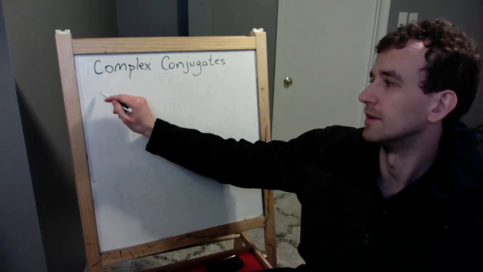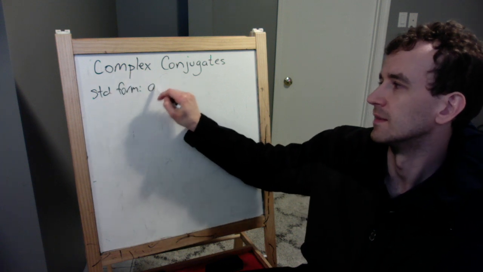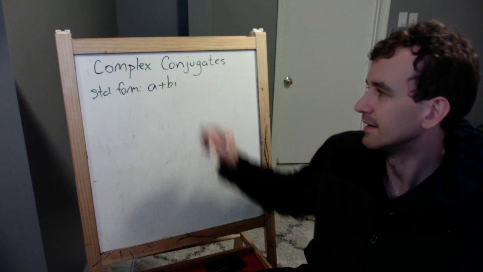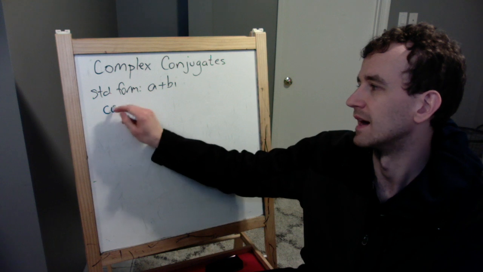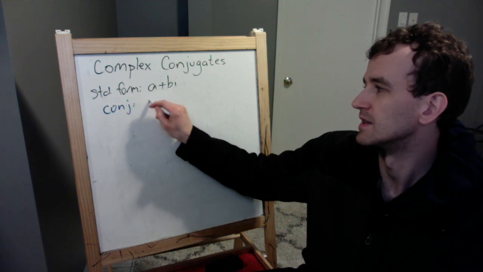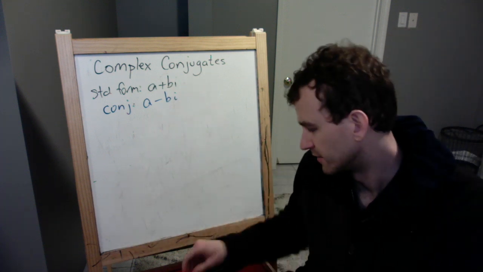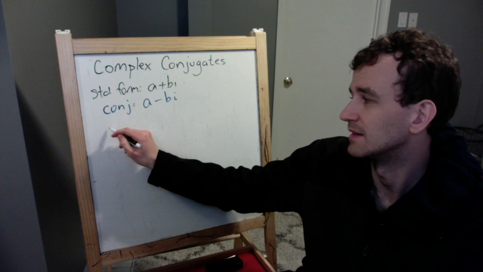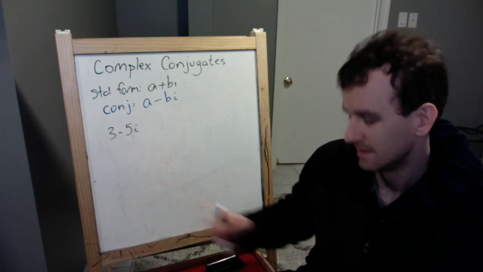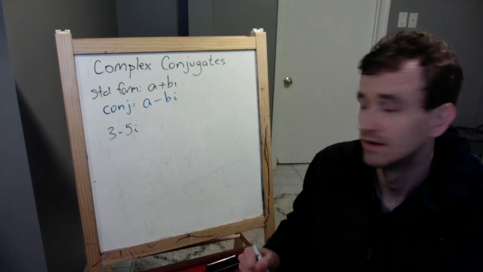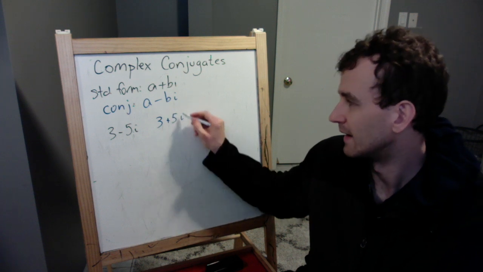So remember, an imaginary number in standard form is a plus bi. The conjugate of a plus bi is just a minus bi. So for example, if we have 3 minus 5i, then the conjugate would be 3 plus 5i.